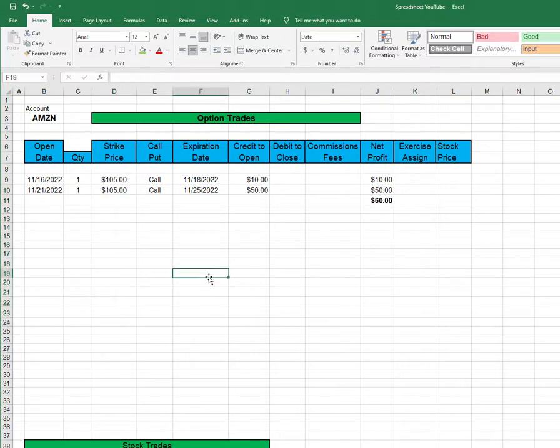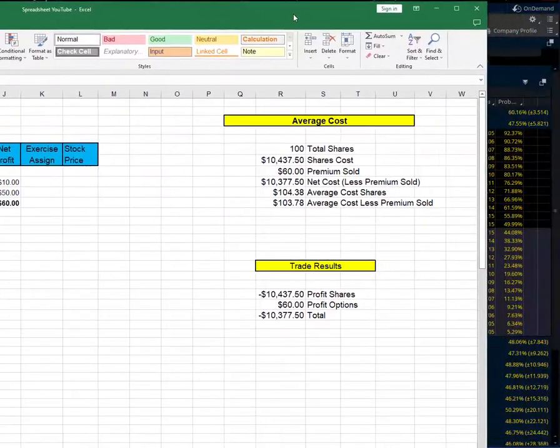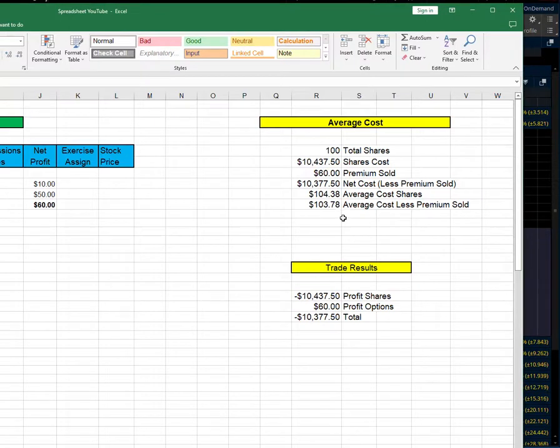There we go. So now we've taken in an additional $50. We've sold the 105 strike, and we've got $60 total premium. And we've also reduced our average cost another 50 cents. So our average cost now is under 104. We're down to 103.78. And we have $60, which is ours. We've taken that in, and we're going to say that the 105 call that expired on November 21st expired worthless.